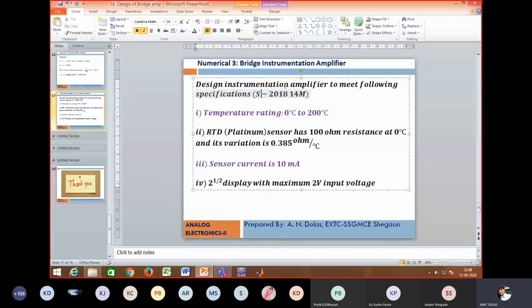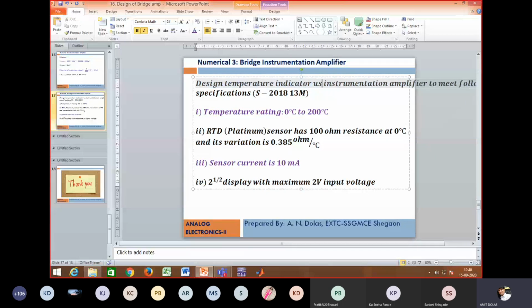I'm typing here summer 2018 for 13 marks. Design temperature indicator using thermocouple to meet following specifications.